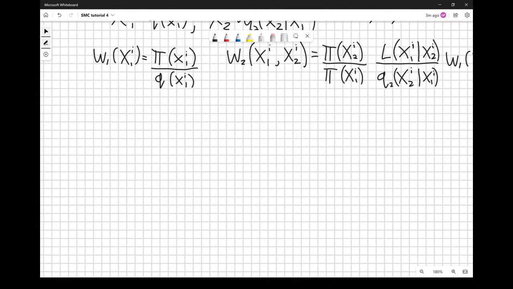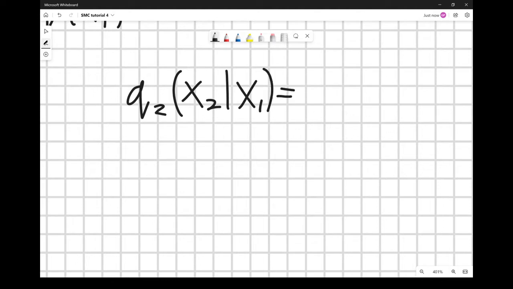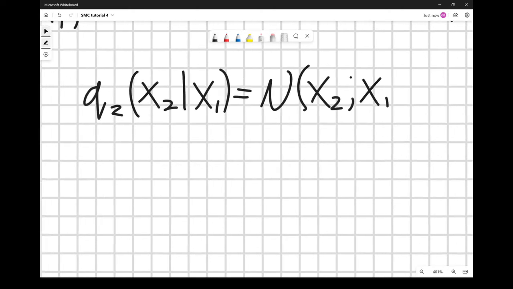So let's just say, to keep things simple, that our proposal distribution at iteration 2, so argument x2 conditional on x1, is simply a normal distribution, argument x2, centered on x1, so the mean is x1.